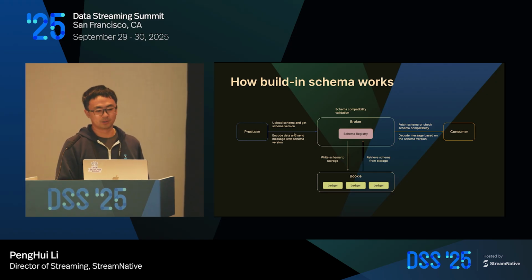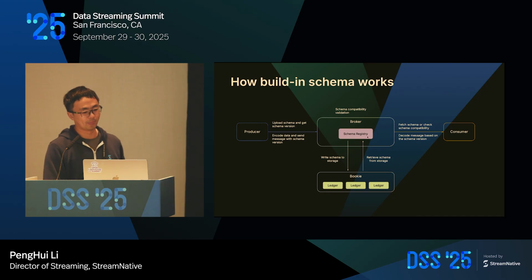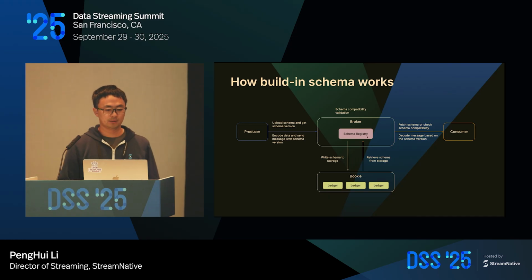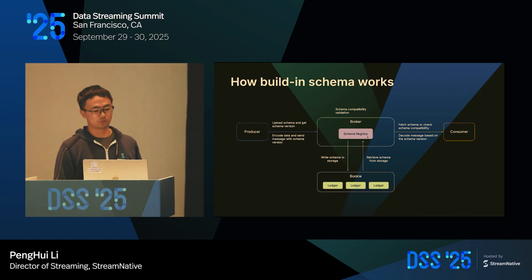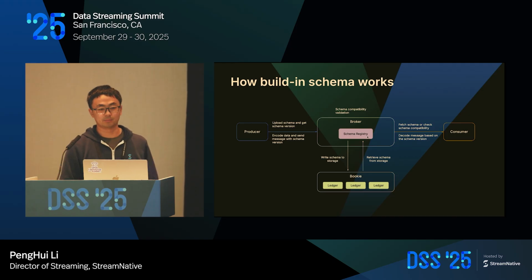The data encoding also happens automatically on the Pulsar client side. You don't need to do anything, like adding more dependencies. Everything is handled automatically. On the broker side, the schema registry handles the schema: it stores the schema in the schema storage and checks schema compatibility.